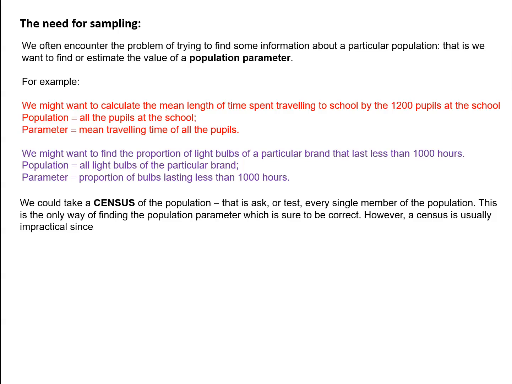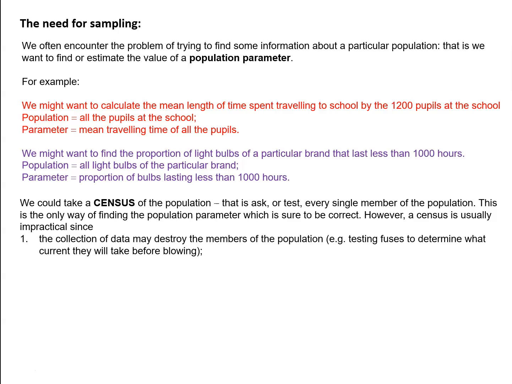So a census is when we ask or test every single member of the population, but usually this is impractical. And it's impractical because the collection of the data may destroy the members of the population, but it will certainly destroy some of the bulbs.